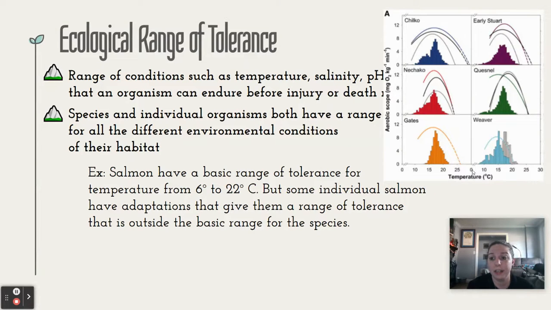So you can see that as temperature increases, like these Gates salmon here, 17, 18 is going to be optimal for them. But that graph is going to be shifted a little bit for our Chinook salmon. So they have a range depending on the species as a whole and as the individual because of that genetic diversity.